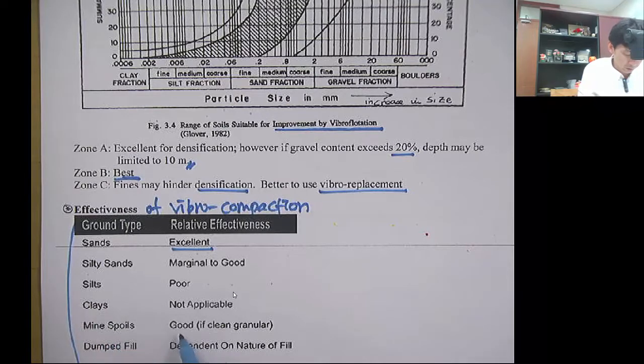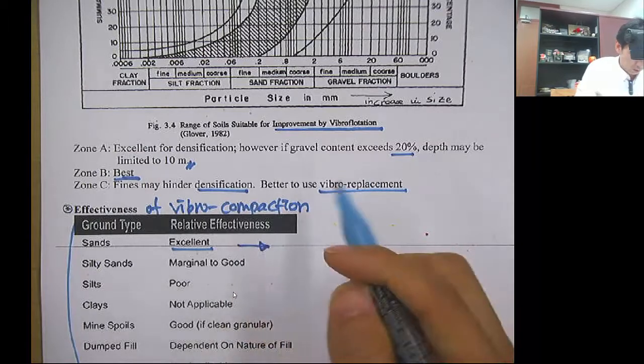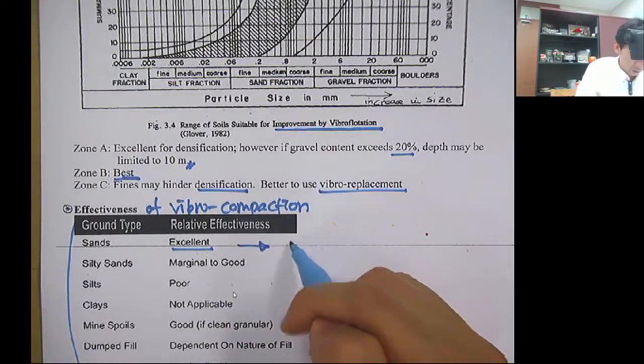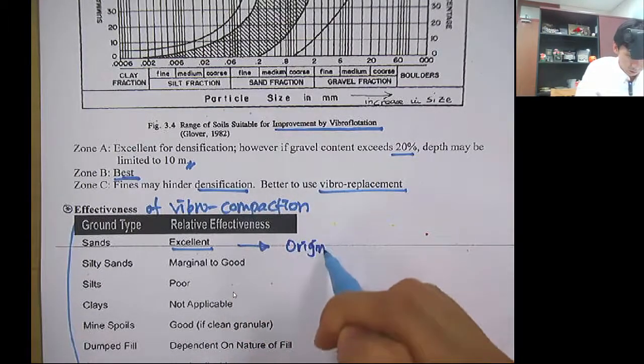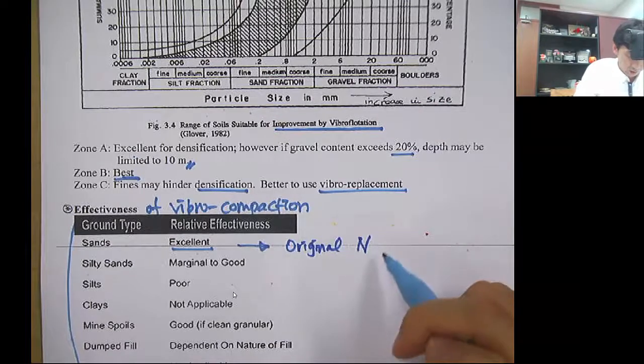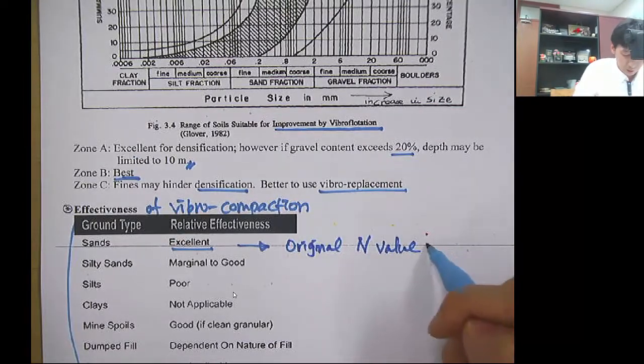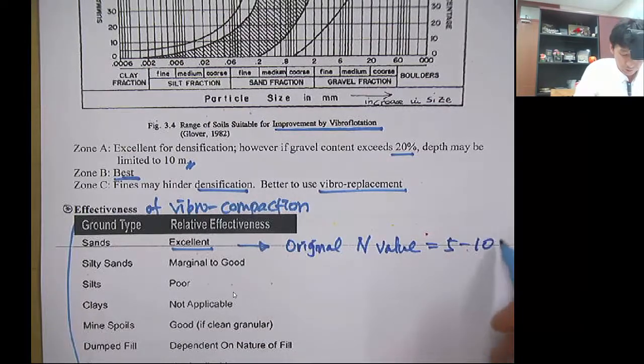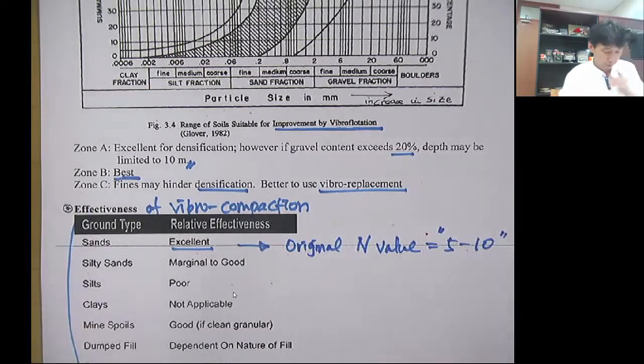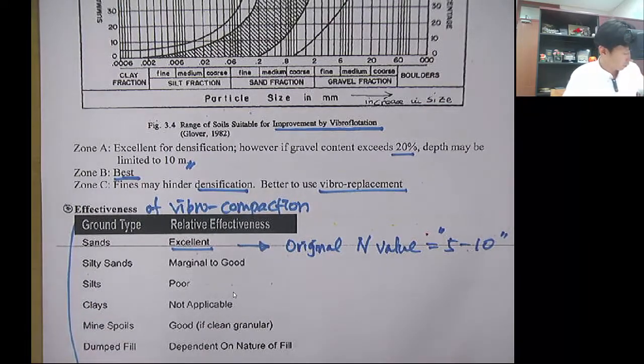Mine spoil may be good, and dumped fill, garbage, will be dependent on the nature of the fill. And typically the original SPT N value of the soil is about 5 to 10 before you apply the vibral compaction.